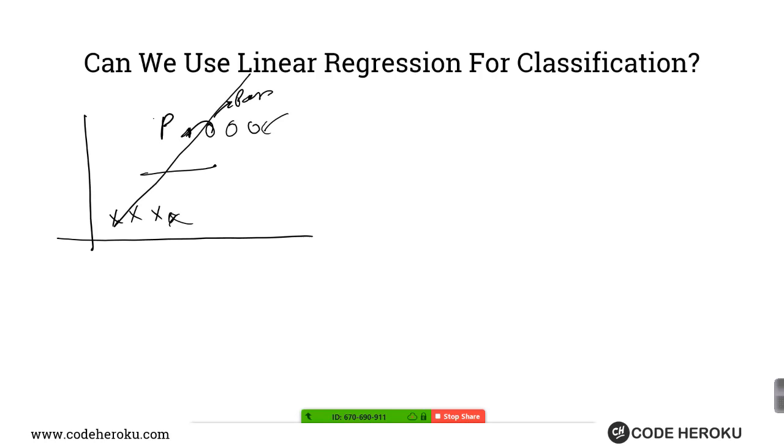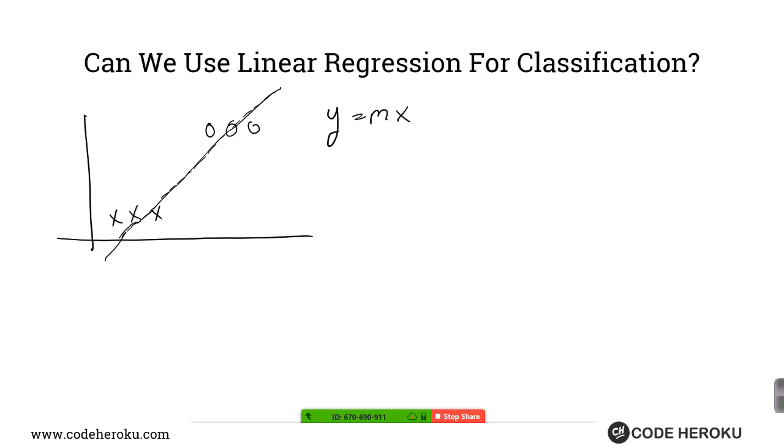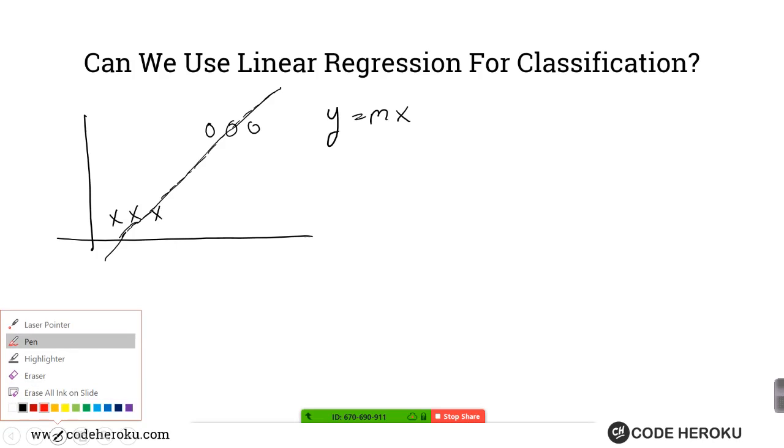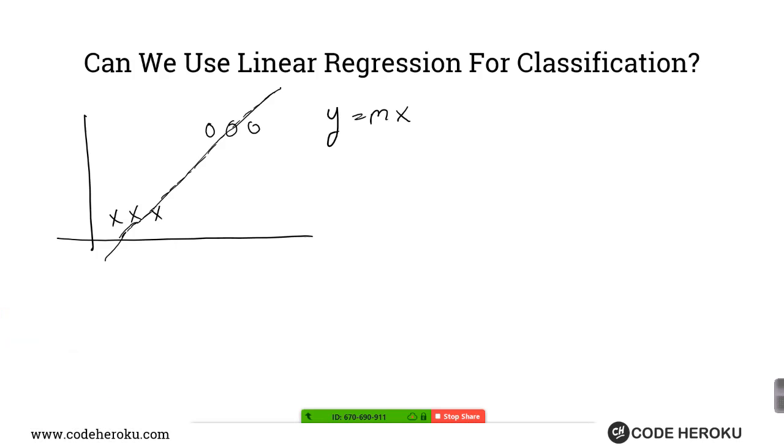So what can we do about this? Is there a simple solution rather than trying to draw a line over here? What if we had a sigmoid rather than trying to fit a linear model y equals mx? What if I tell you that this shape will work much better, which after a certain point automatically gets thresholded?